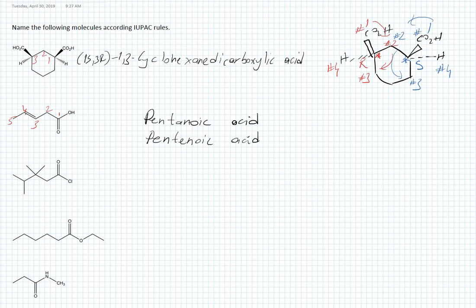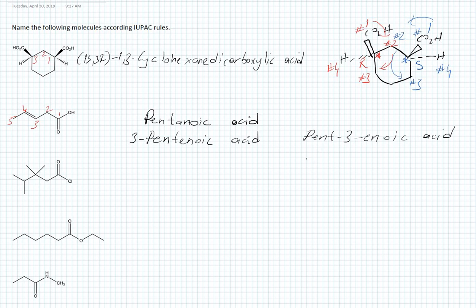But since the alkene is at the third position, we have to say either 3-pentenoic acid, this is the old naming system, or we can do it this way, pent-3-enoic acid.